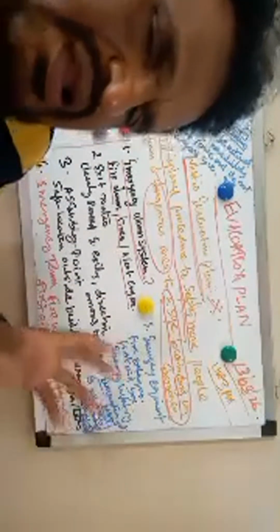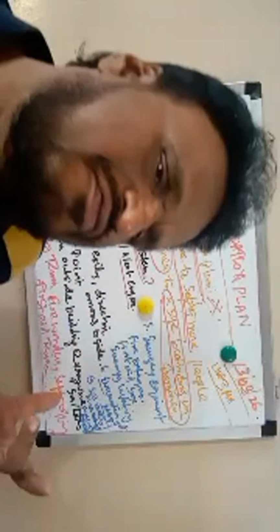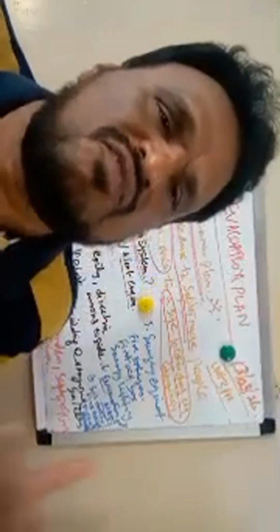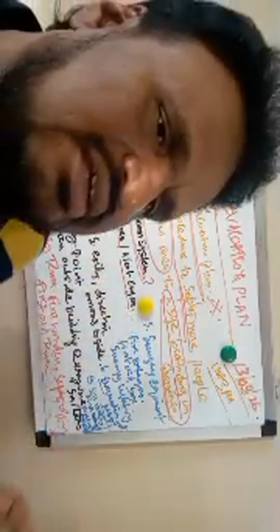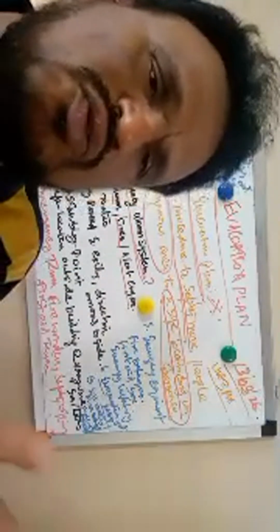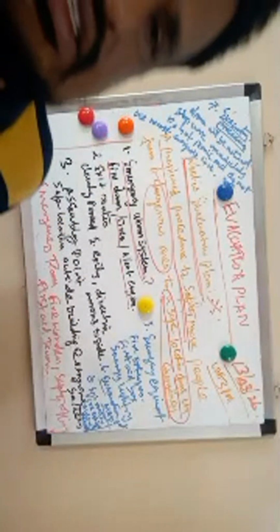In case of fire, how many times will the bell ring? In case of earthquake, how many times will the alarm ring? In case of windstorm, how many times will the fire alarm, siren or alert ring? These things you have to mention in the procedure.